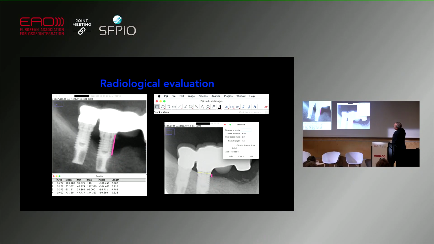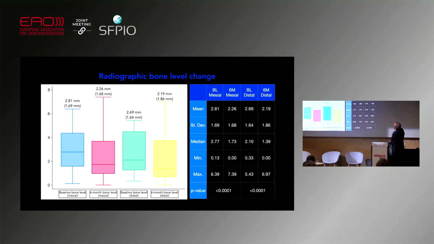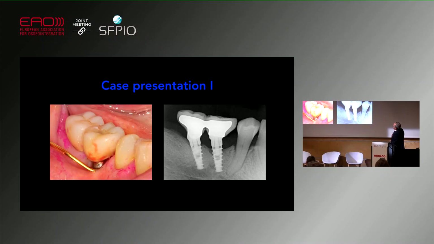The implant length was given, and in that way we could do the measurements. If we could not find the apical part of the implant, then the diameter was used, and an Erasmus, nice German student, did the radiographic evaluation. I'd like to thank her for it. We realized that 0.5 millimeter new bone formation was gained on average.